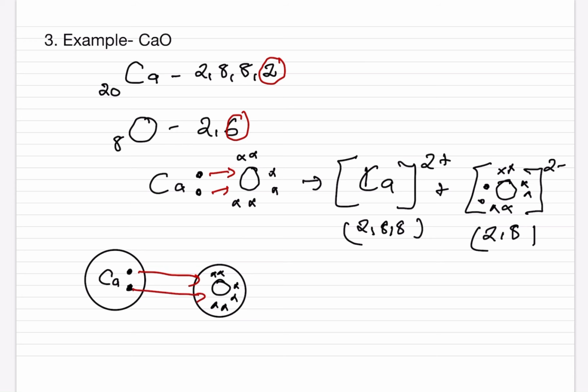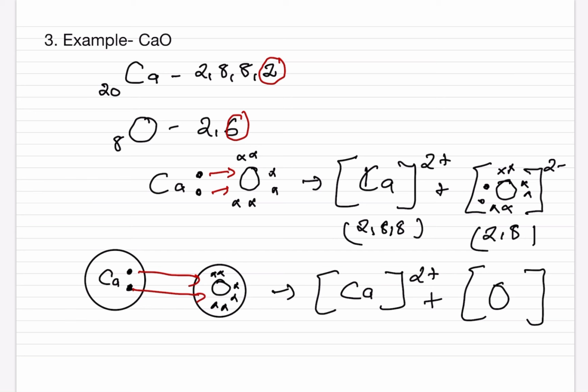And then we can enclose calcium in a square bracket, 2 plus, because it is giving 2 electrons, plus we can put oxygen in a square bracket, and here we can show 1, 2, 3, 4, 5, 6, and 2 dots because 2 electrons it is getting from calcium. 2 minus over here because it got 2 electrons from calcium. So finally we have the formula of CaO. So this is the ionic bond of calcium oxide.